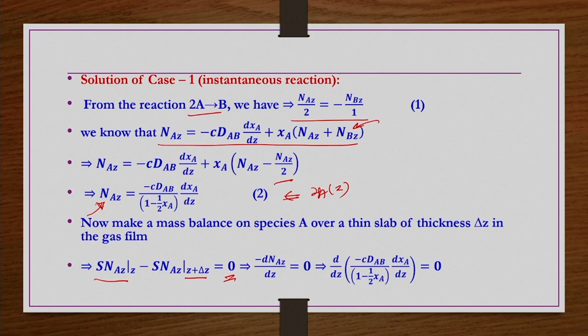In the film only diffusion is occurring, diffusion of species so that they reach from the bulk to the catalyst surface or from the catalyst surface to the bulk. Okay. Now this equation you divide both sides by S delta z and then take the limit delta z tends to 0, then you have minus d by dz of NaZ is equal to 0. That means d by dz of NaZ, from equation 2, is equal to 0.